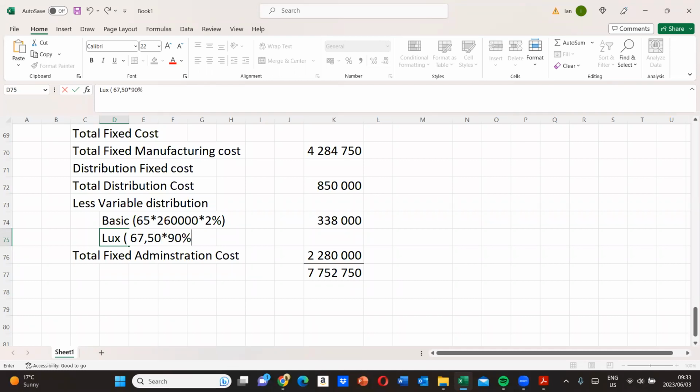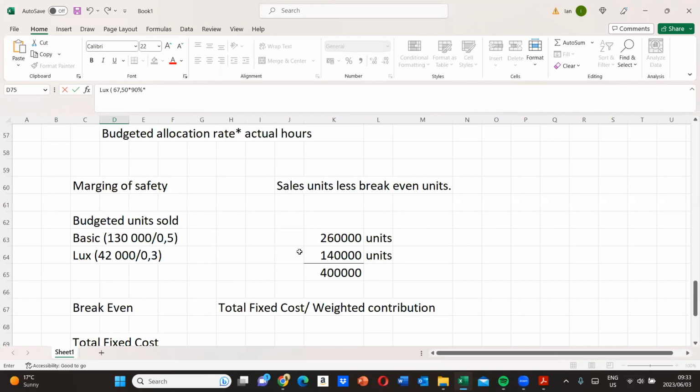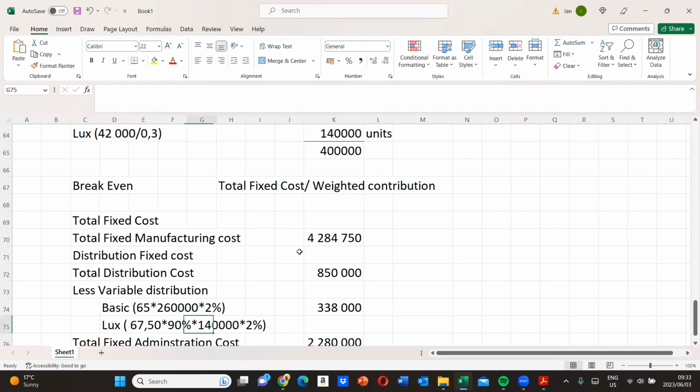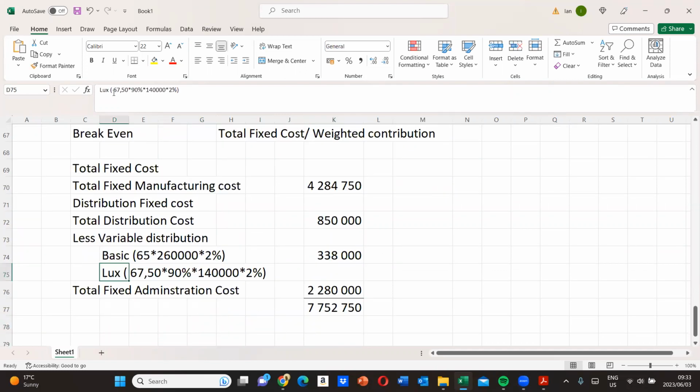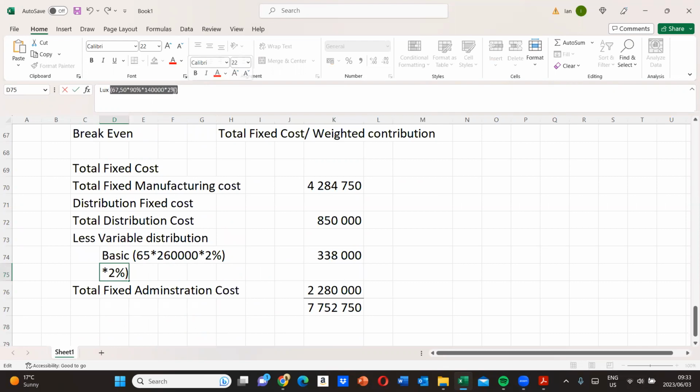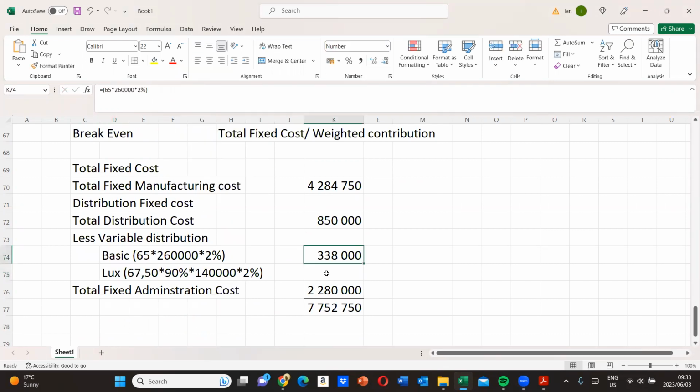Remember, we removed the 10%. Or someone could have said 67.50 minus 67.50 times 10%. It gives you the same answer. So that's the selling price, and then the number of units sold for Lux. How much did we sell? We sold 140,000. And then multiply by the 2%. So we account for it in this regard, and we adjust with the 2% there. So it gives us this.